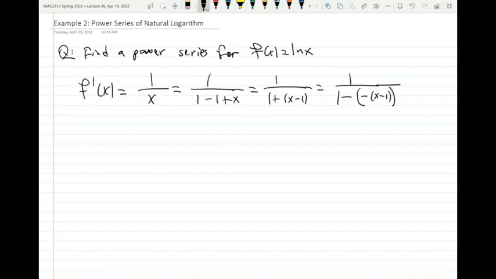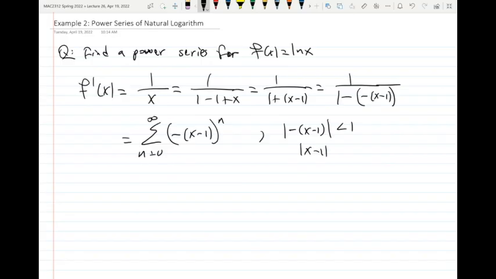So now this would be a sum from 0 to infinity of negative x minus 1, all of that to the n. And remember, this works as long as absolute value of negative x minus 1 is less than 1. So that's absolute value of x minus 1 less than 1. So this is between 1 and negative 1, adding 1. So this works as long as x is between 0 and 2. So what we're about to obtain is for x between 0 and 2. Okay?